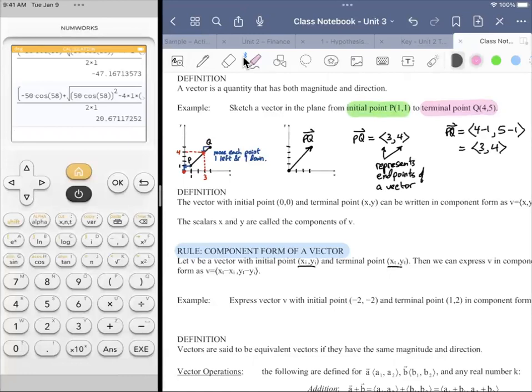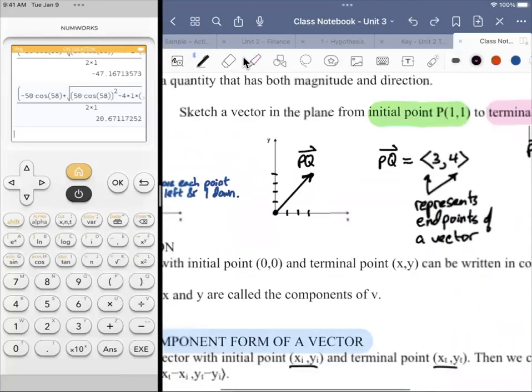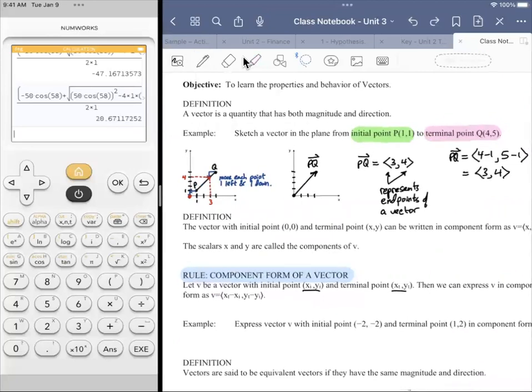So we obtain the absolute distance from the terminal point to the initial point, and vice versa. The length of the line segment doesn't make a difference. If I go this way or that way, that length is still going to be the same. So that was what was rattling around in my brain when I made that comment a few minutes ago, but hopefully that shed some light on it.